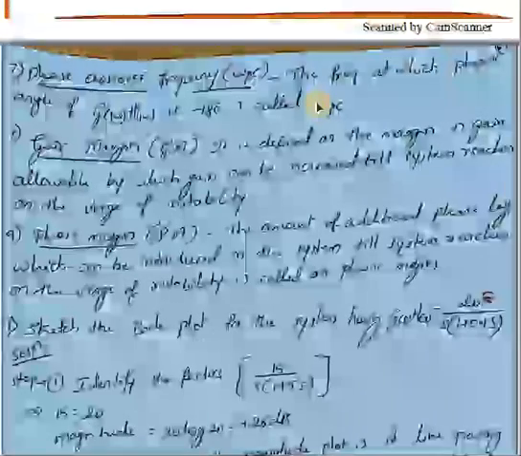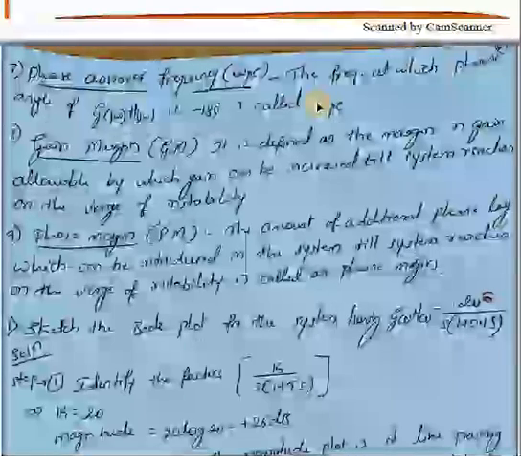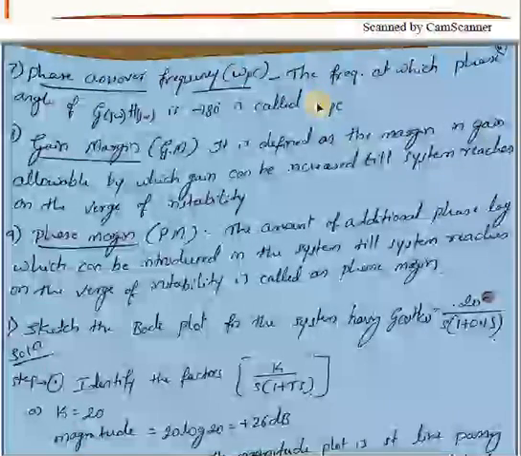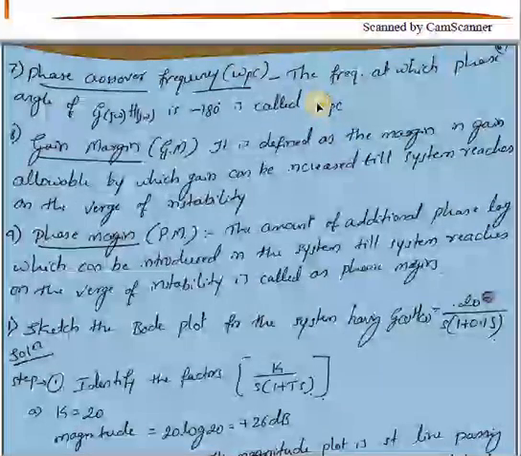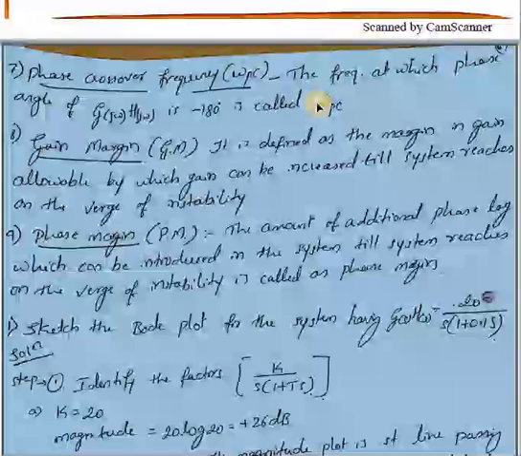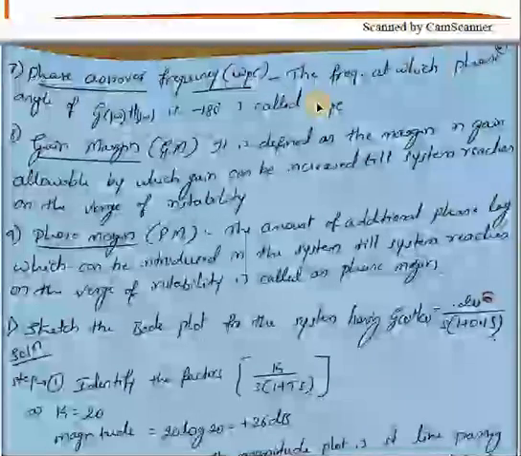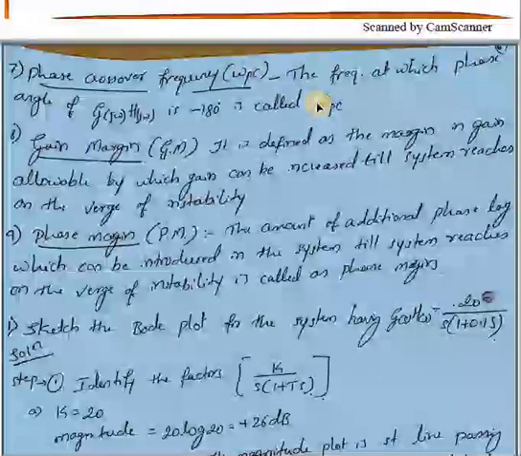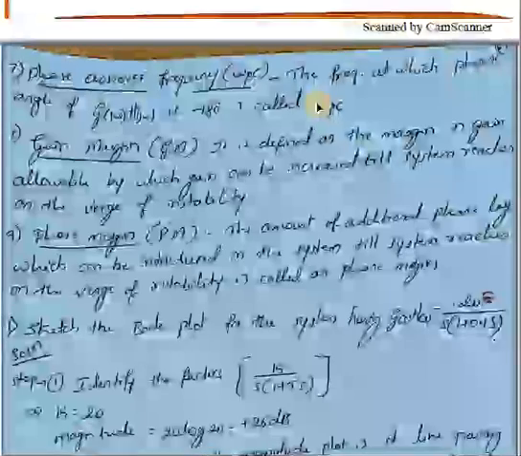A positive phase margin means such a negative angle introduction is possible before the system becomes unstable, so such a system is stable. A negative phase margin means the present negative phase lag should be changed by adding a positive angle, hence the phase margin is said to be negative and the system is unstable.